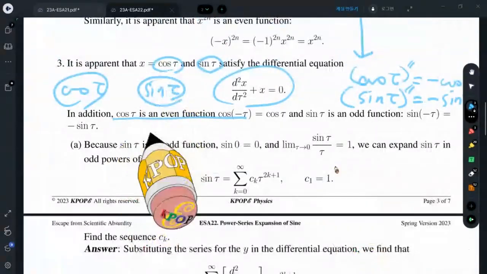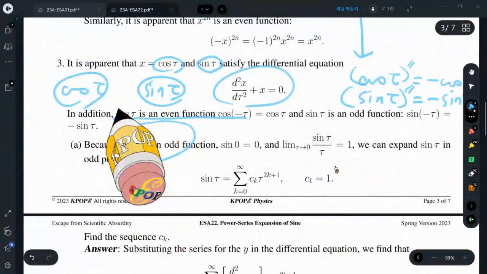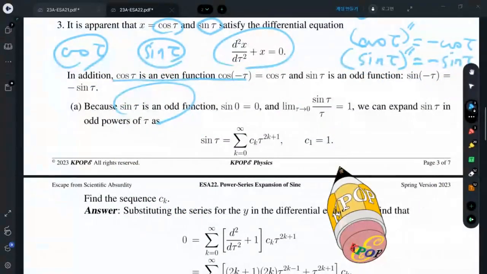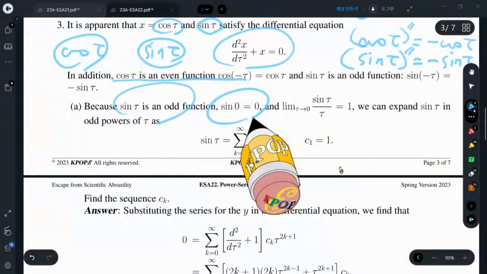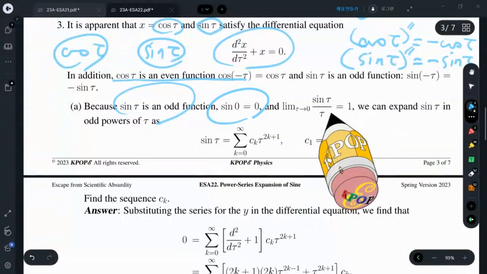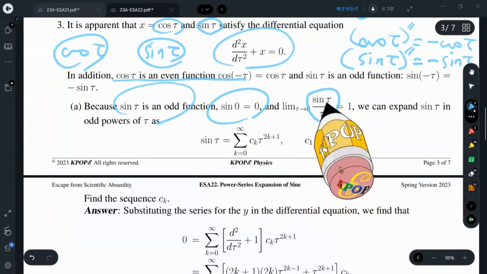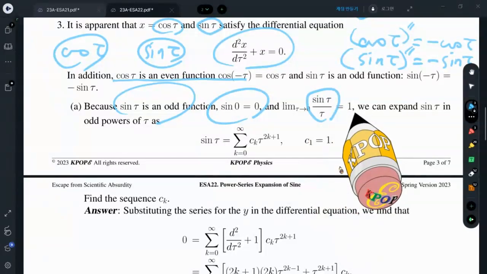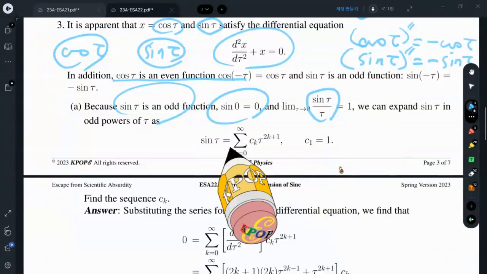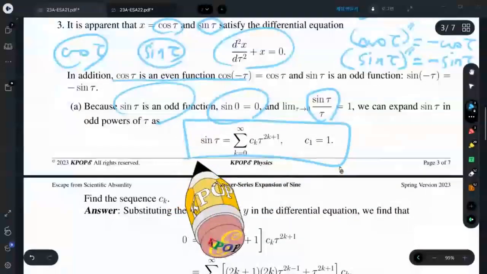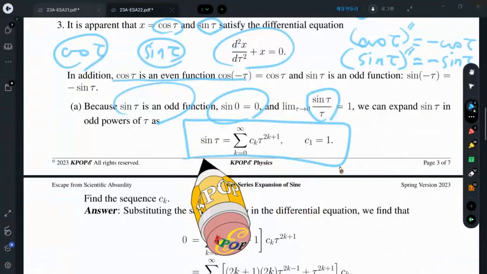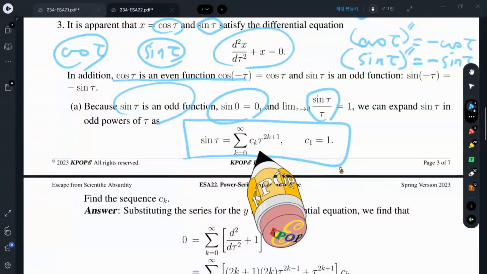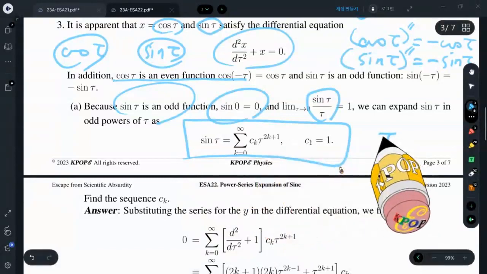You know, sine is an odd function, cosine is an even function. Because sine 0 equals 0, and the limit of sine x over x is 1, we find that sine can be expanded as a power series of odd powers, except that the first term.